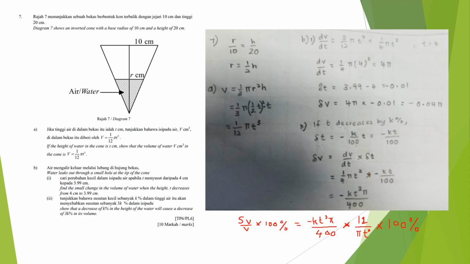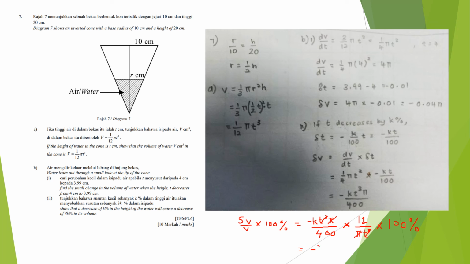So you can cancel this t cube with this t cube, then pi with pi. Then you multiply 12 times 100, 1200, divide by 400, so you will get negative 3k.